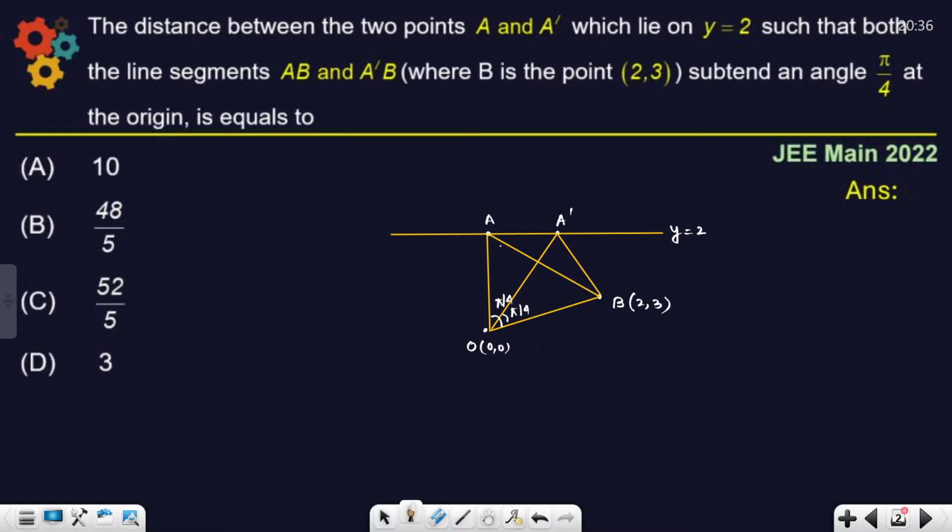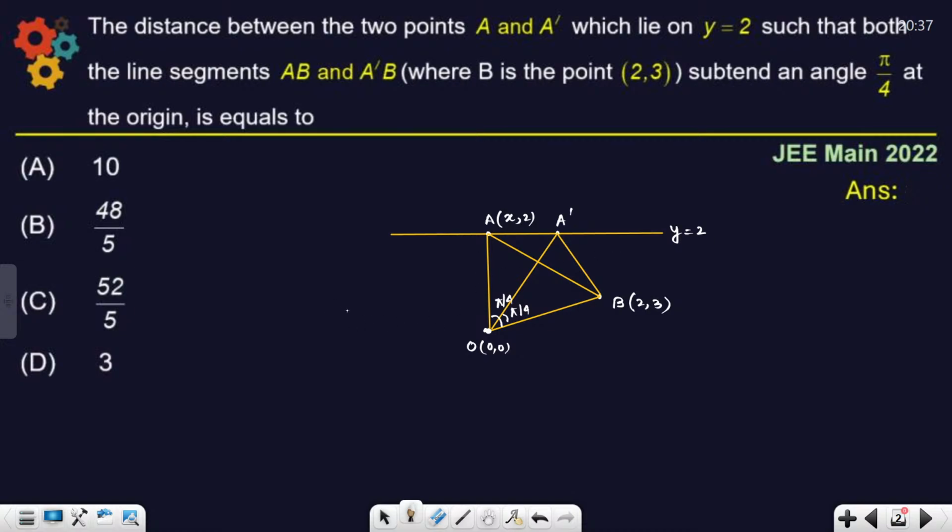Since A and A dash are doing the same thing at the origin, from the symmetry I will take only one point, let us say A. The coordinate of A, let us say, is (x, 2). The ordinate will be 2 because the point is lying on the line y equals 2.